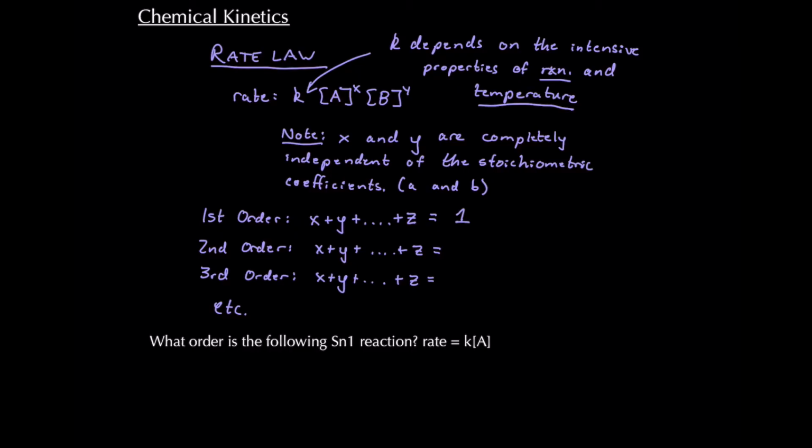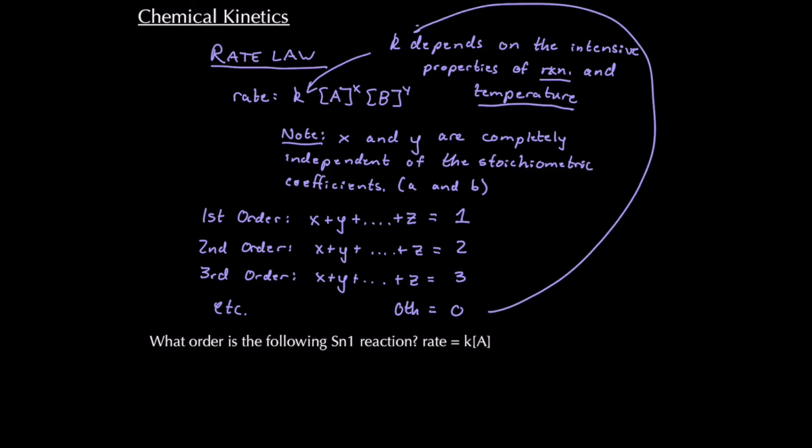Second order has them add up to 2, and third order has them add up to 3. Now we could go 4th, 5th, 6th, and 7th, but those get increasingly more rare. So mostly on the MCAT you're going to be dealing with first, second, and third. We also have 0th order reactions, and that's where the rate law is entirely dependent on our variable k and nothing else.